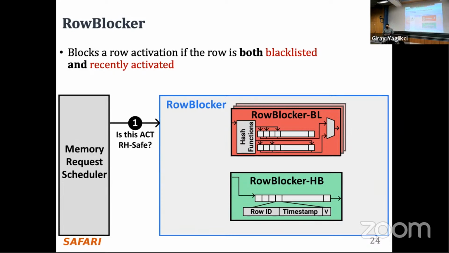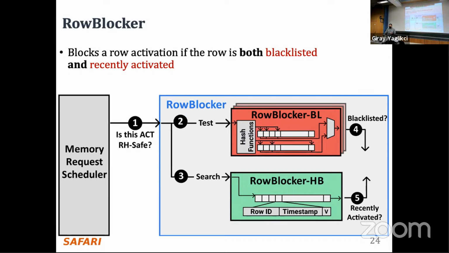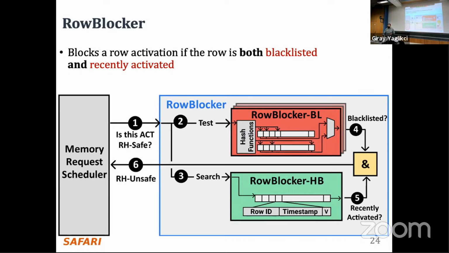First, before performing the row activation, the memory request scheduler pings row blocker with an is-the-row-activation-RowHammer-safe query. Row blocker simultaneously checks both of these structures. If a row is blacklisted and recently activated, it returns a signal saying this request is RowHammer unsafe.